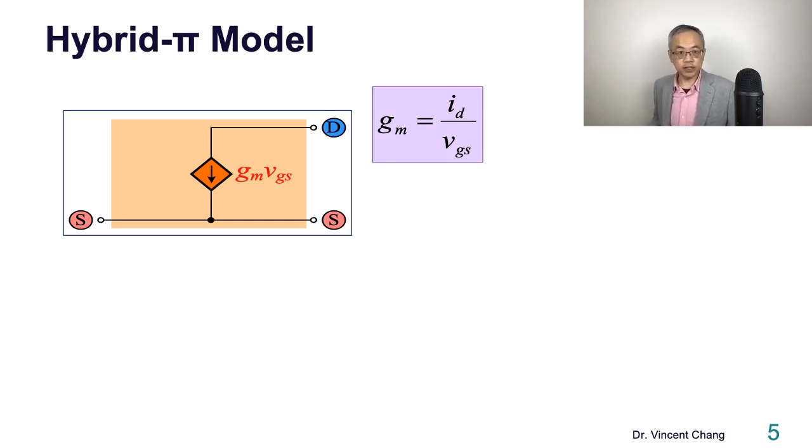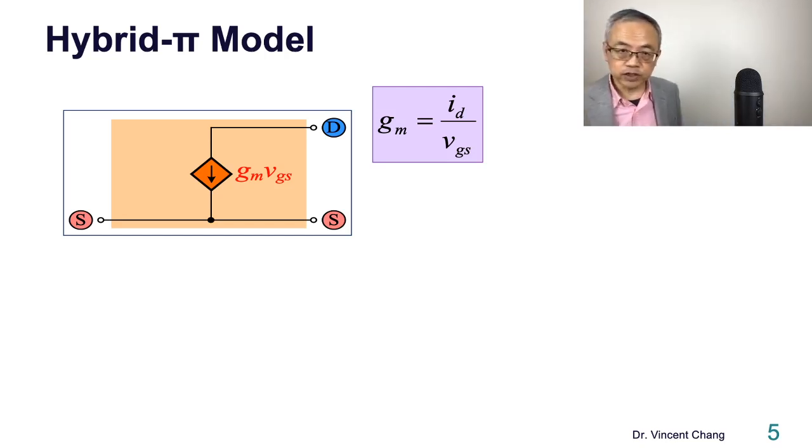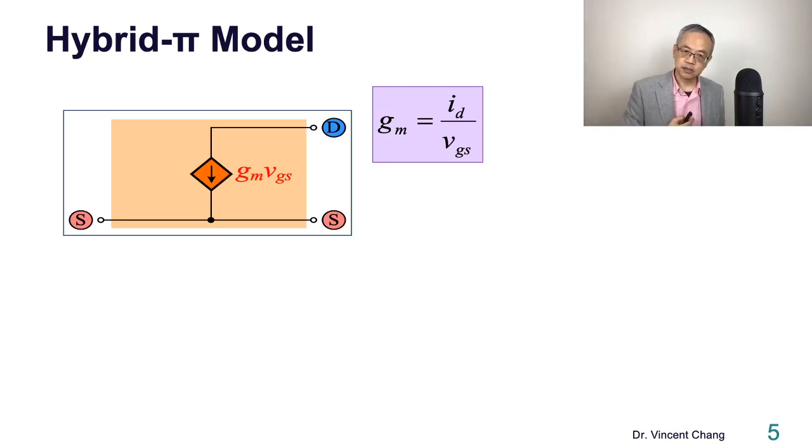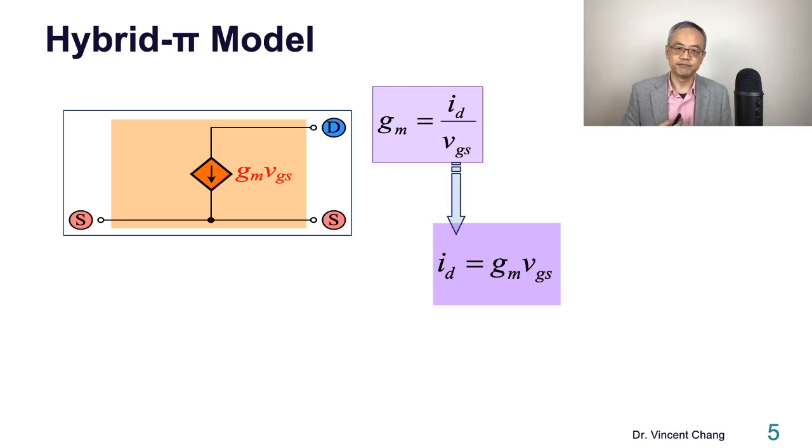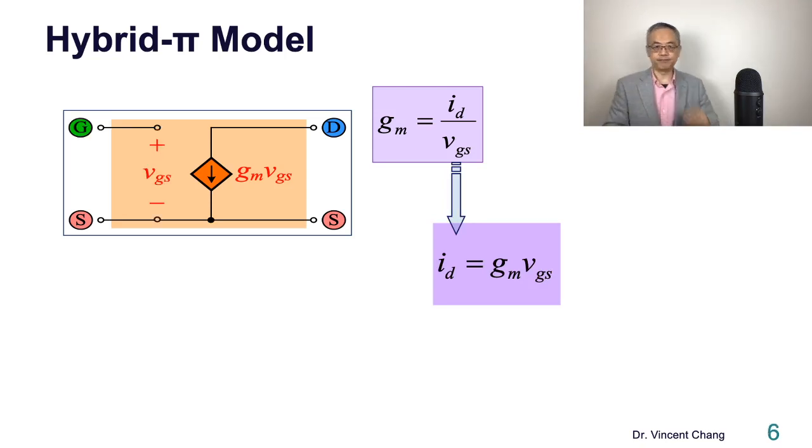So what is VGS? VGS is the boss, because the boss controls the current. Boss, look at your left-hand side. The boss is VGS. So it's the voltage controlled current source.